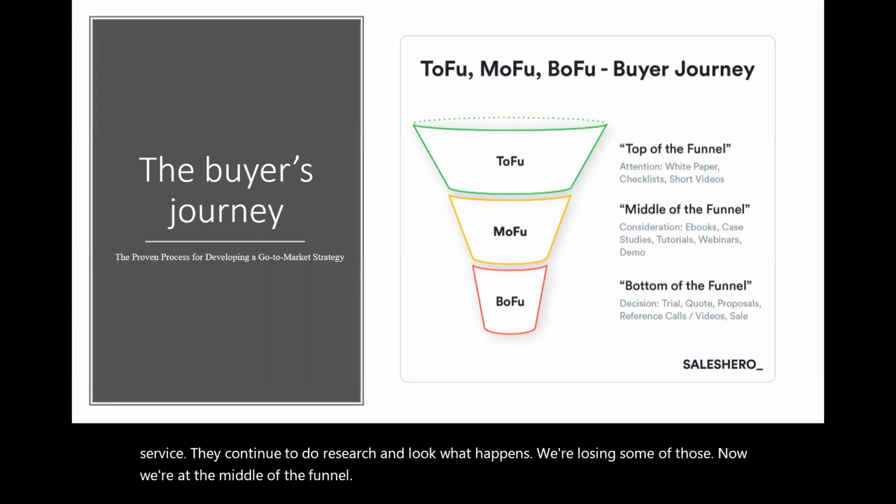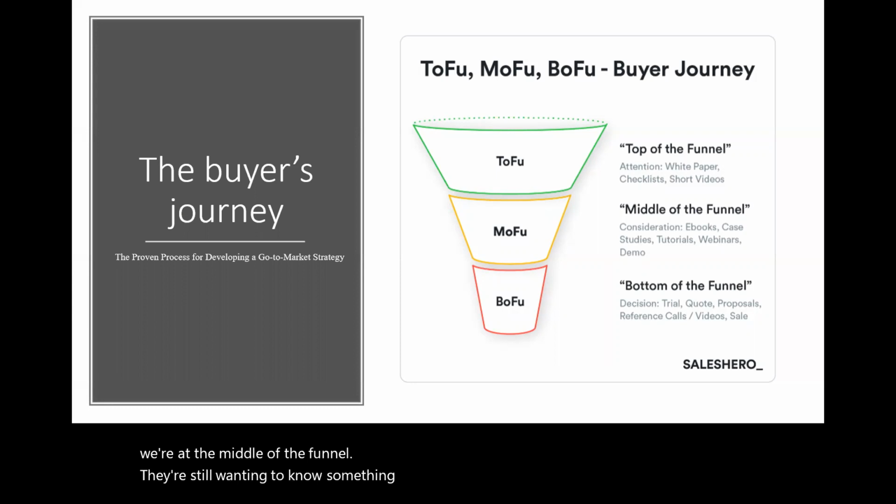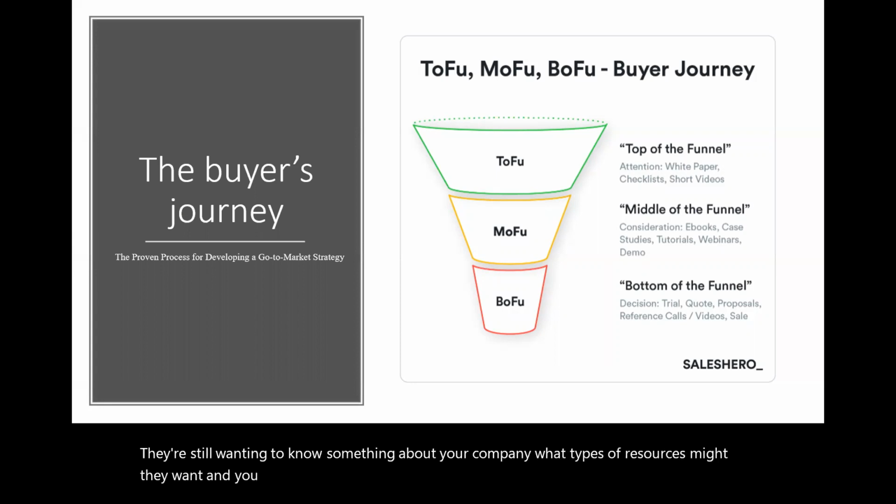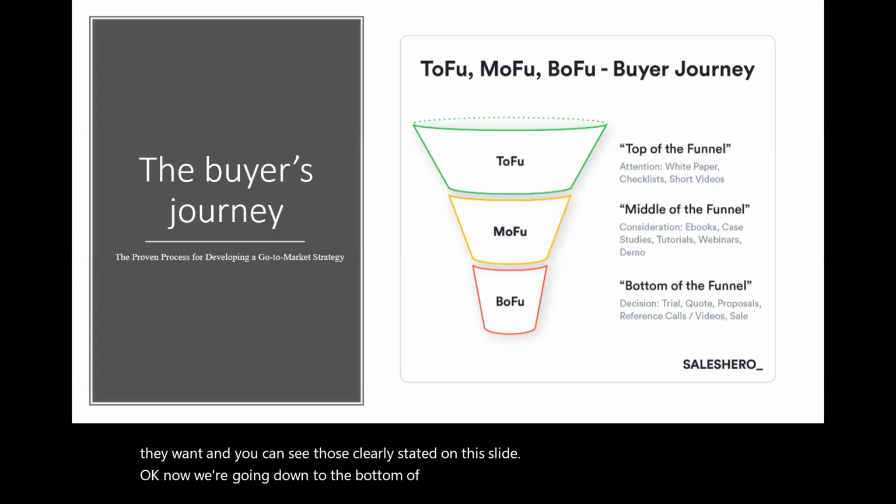They're still wanting to know something about your company. What types of resources might they want? You can see those clearly stated on this slide. Okay, now we're going down to the bottom of the funnel. They've done all this research, kept getting more involved with you, and you're getting more involved with them.